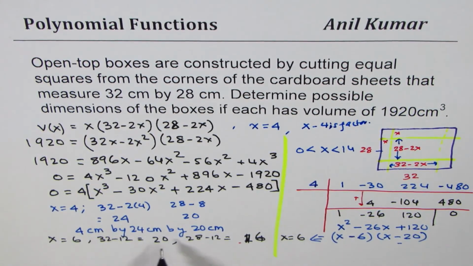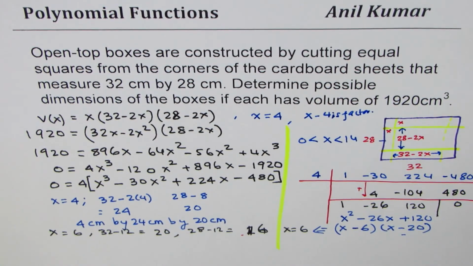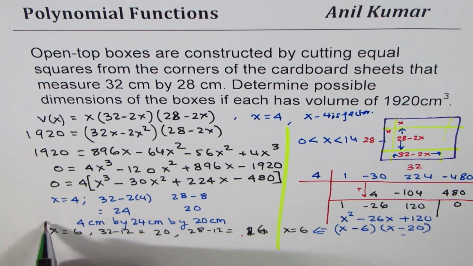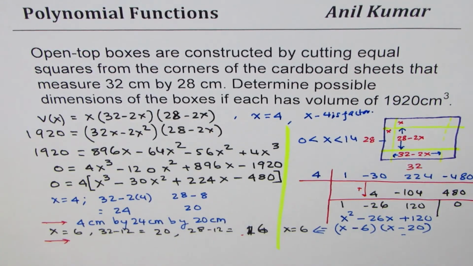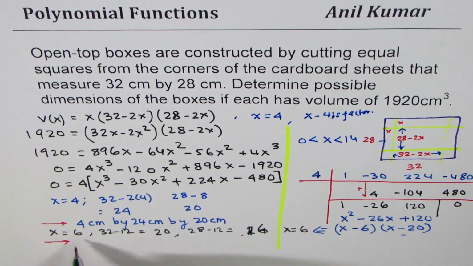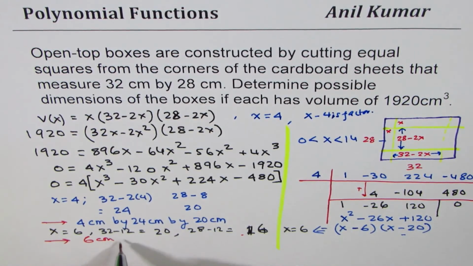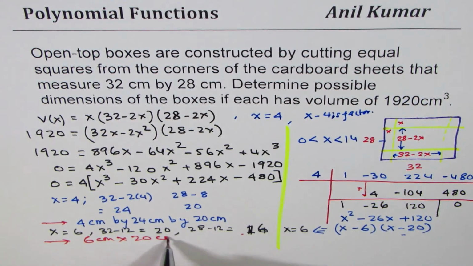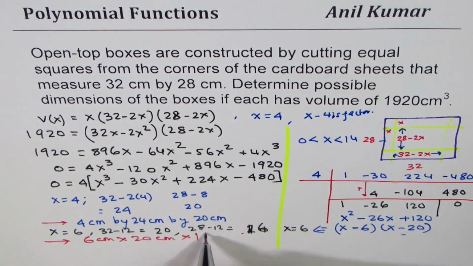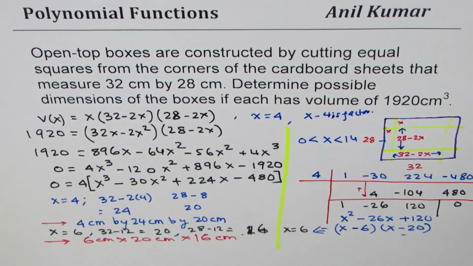So we get another set which is 6 times 20 times 16, correct? So there are two options. First one is this, and the second one, which we got now, is 6 centimeters by 20 centimeters by 16 centimeters. Is it okay? So that is how you could actually solve this question.